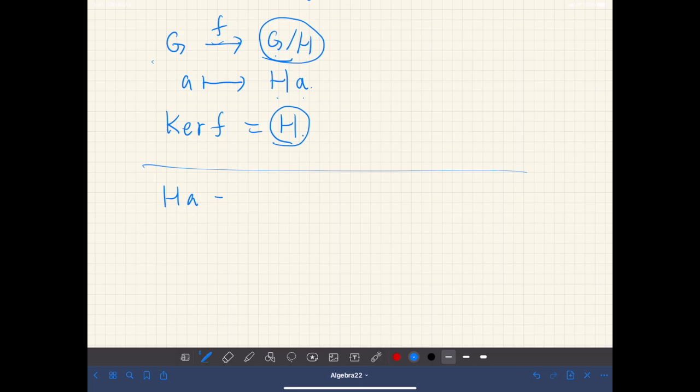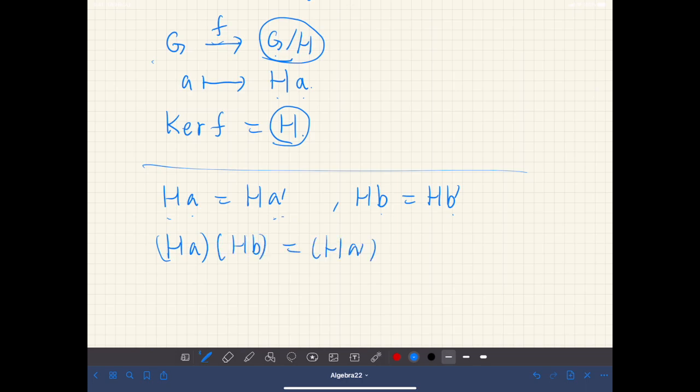So A and A prime may be different elements, but their cosets may be equal. Similarly, we may have HB equal to HB prime, where B and B prime are different. So in this case, do we have the following equation? HA times HB, is it equal to HA prime times HB prime?